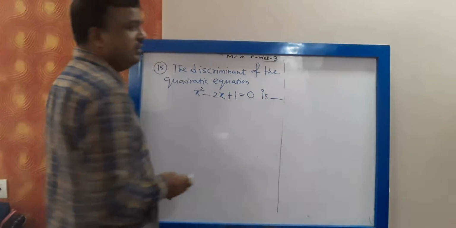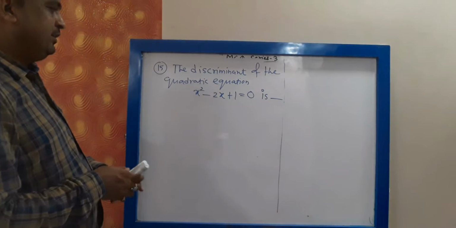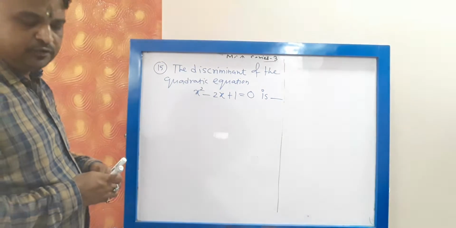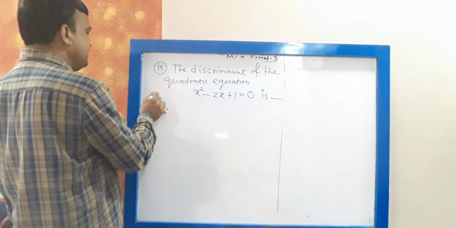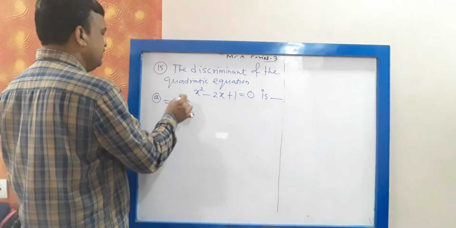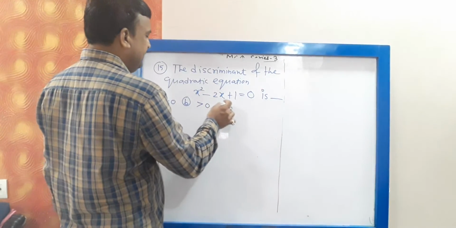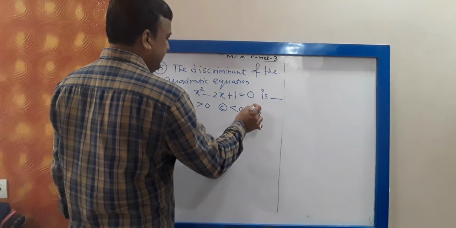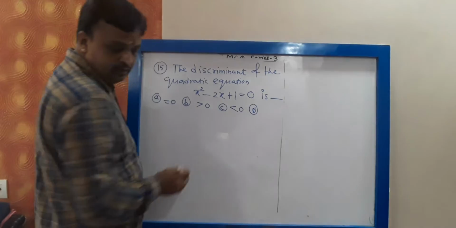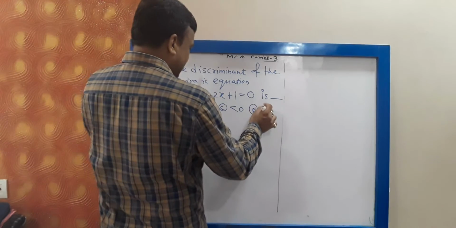The discriminant of the quadratic equation x square minus 2x plus 1 equal to 0 is: option A, equal to 0; B, greater than 0; C, less than 0; D, none of these.